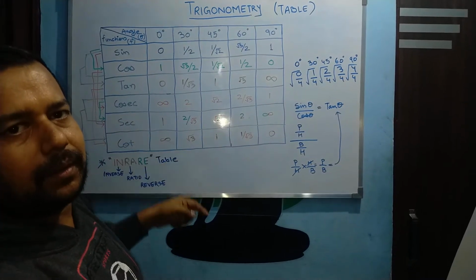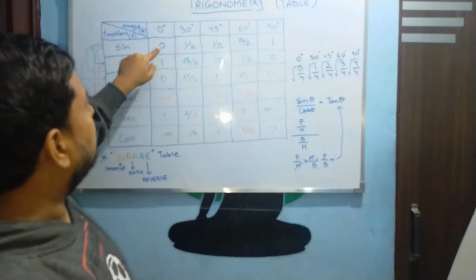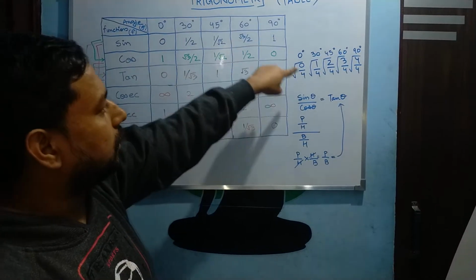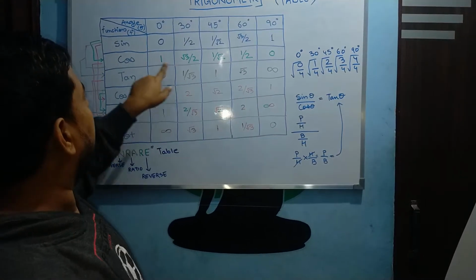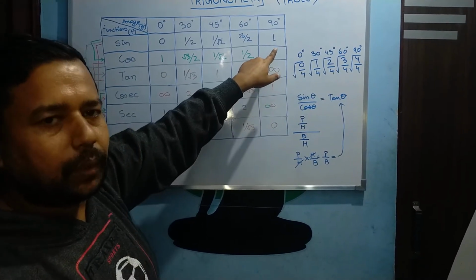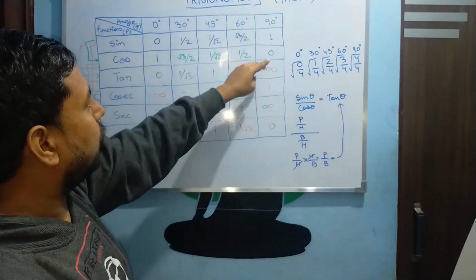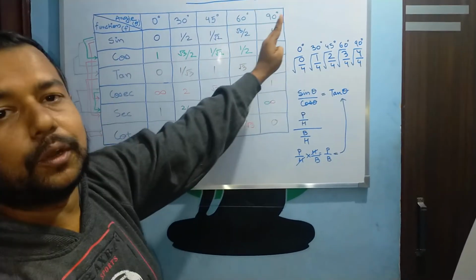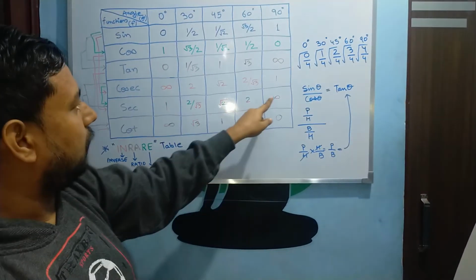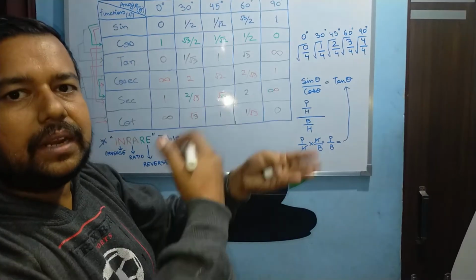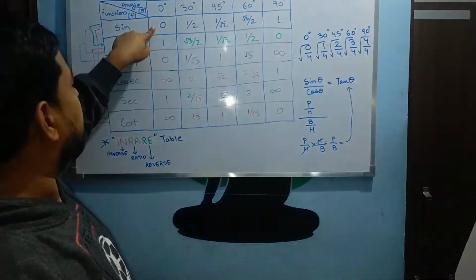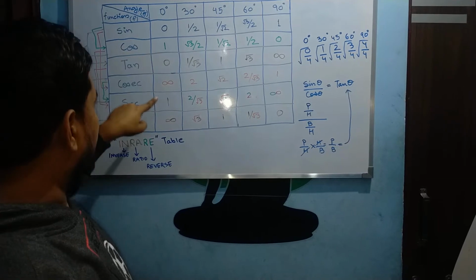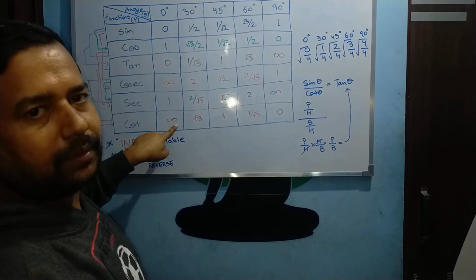Now you can see one thing, that here I have mentioned in blue, okay, this is the origin of the values. This is in green, so we can note here that green is for those which are in the reverse order, like here, and red is for the inverse, like sine and cosec, cos and sec, tan and cot.